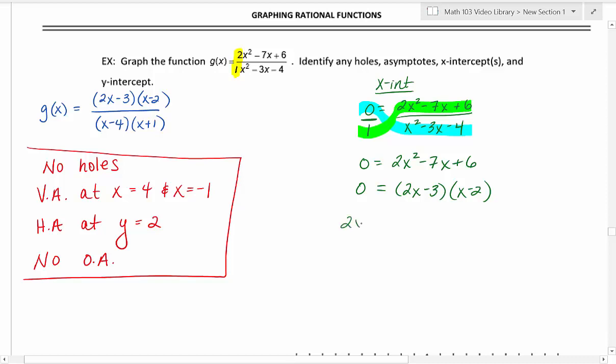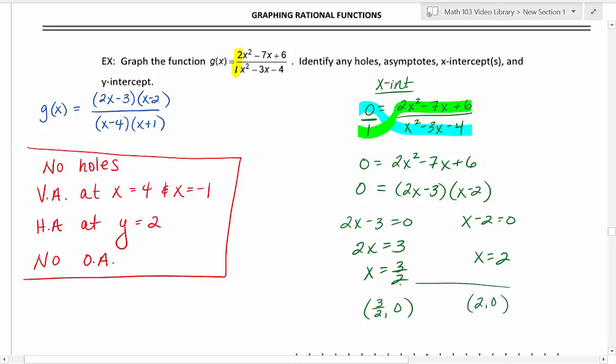We set each of our factors equal to 0 and solve. 2x is going to be 3, making x 3/2, and x equals 2. We have two x-intercepts, and since they're x-intercepts, I need to be sure to write them as ordered pairs with a y-coordinate of 0.